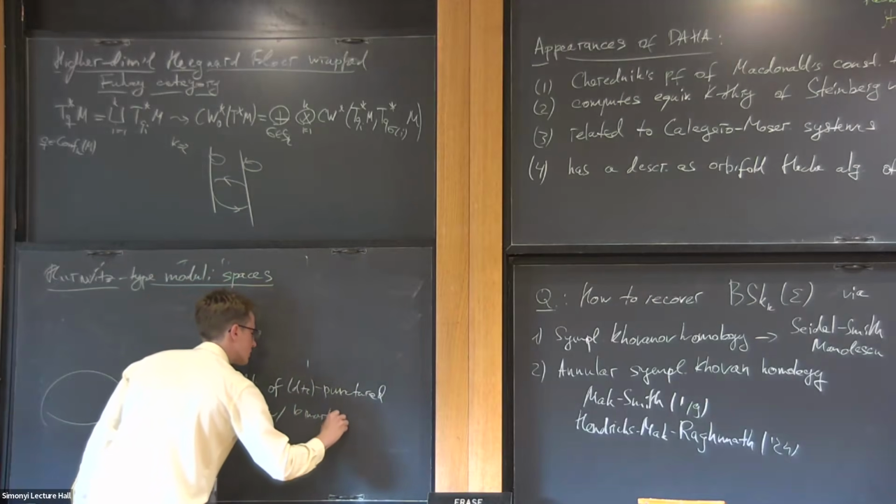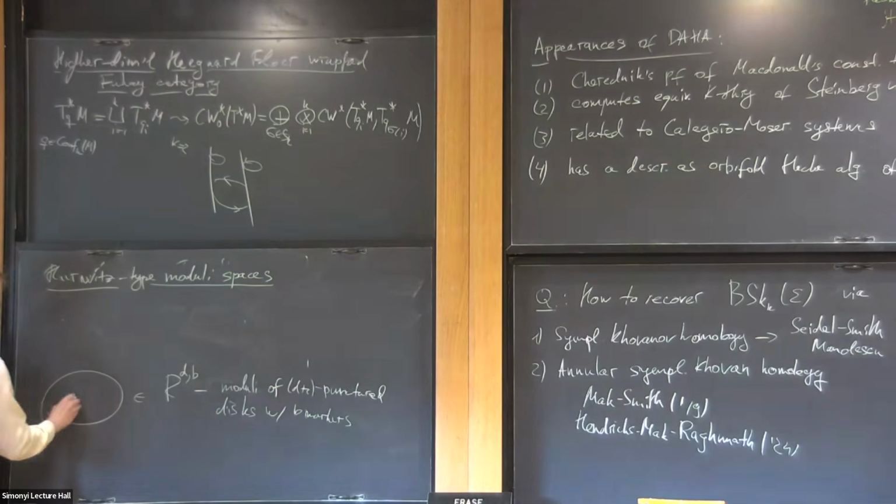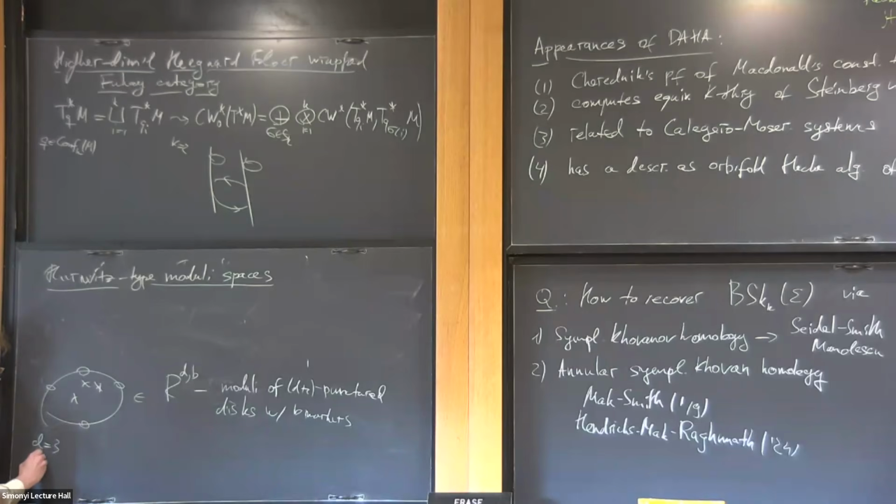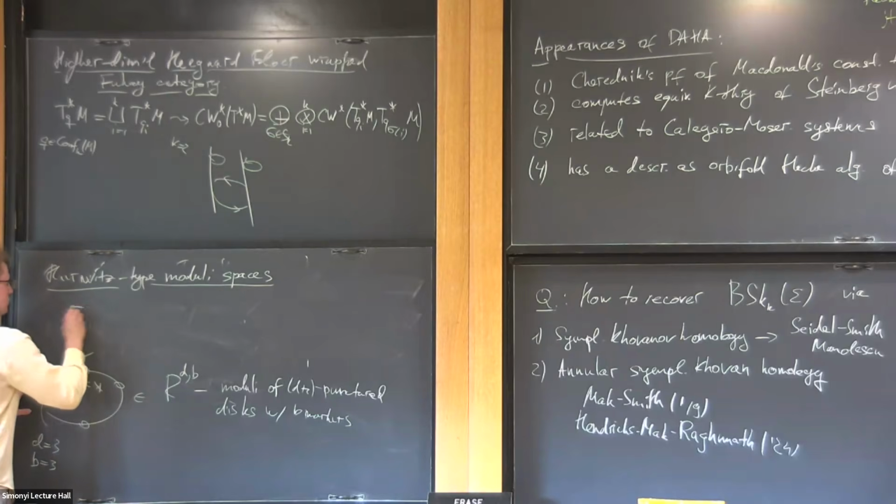These markers are interior ones, so these are the B markers. And we have these punctures on the boundary. So here d equals 3, B equals 3. This is the standard moduli space showing up in the Fukaya category. But then we are interested in k-fold covers over such disks.